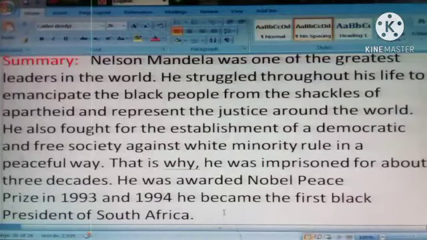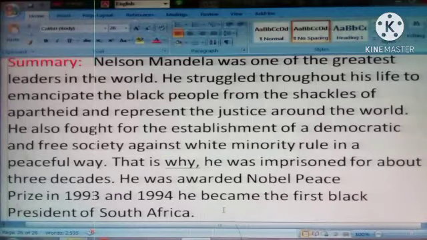So here you are asked to write down a summary from the passage Nelson Mandela, and we can say, or you can write down, Nelson Mandela was one of the greatest leaders in the world. He struggled throughout his life to emancipate the black people from the shackles of apartheid and to represent the justice around the world.